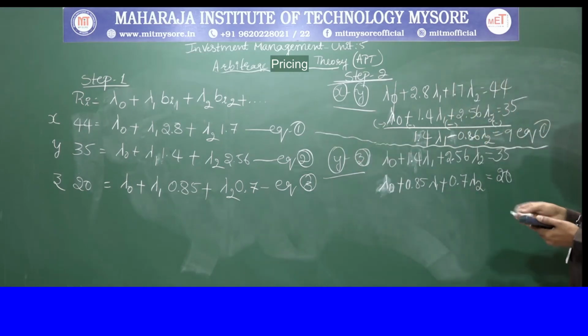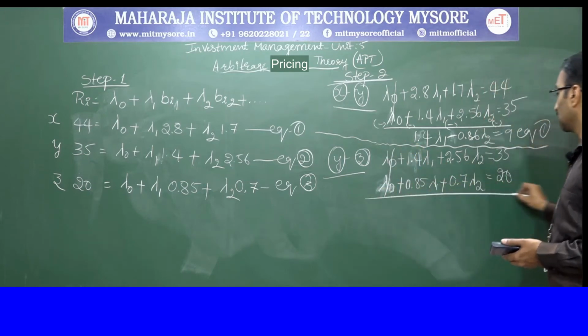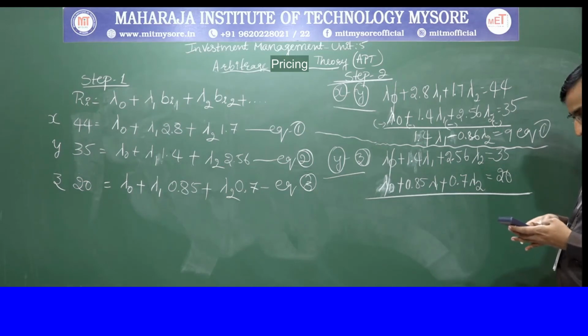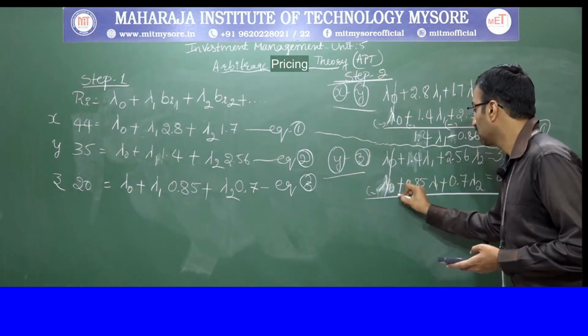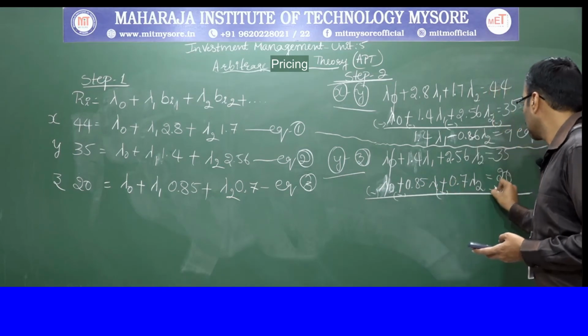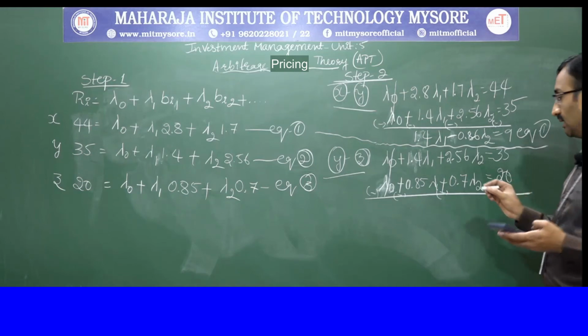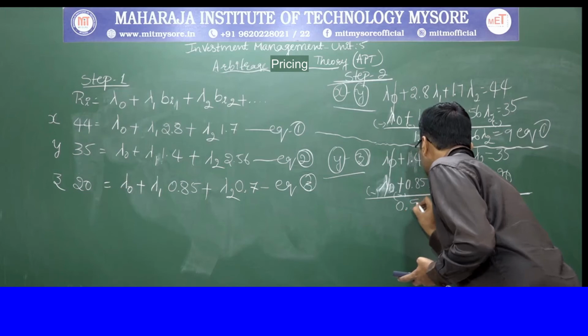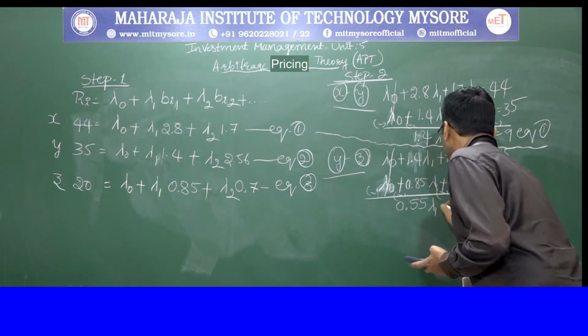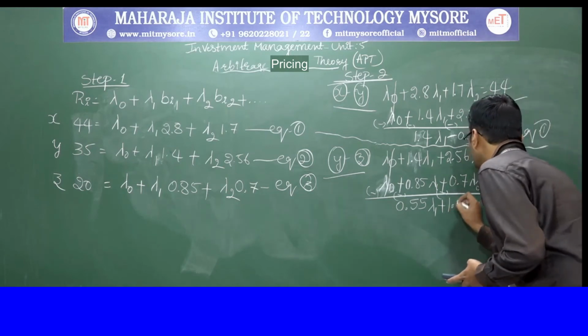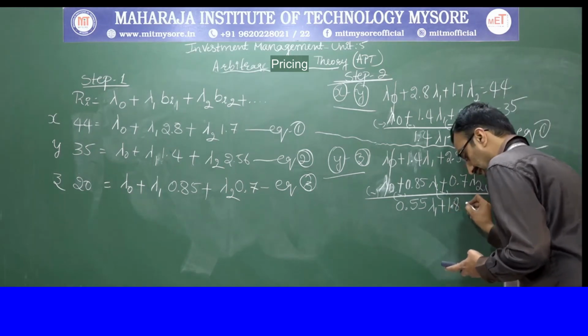Okay. So, we will cancel these two. Lambda naught will cancel, both are the same. So, 1.4 minus 0.85, we have to subtract it. So, we will get 0.55 lambda 1 plus 2.56 minus 0.7, you will get 1.86.